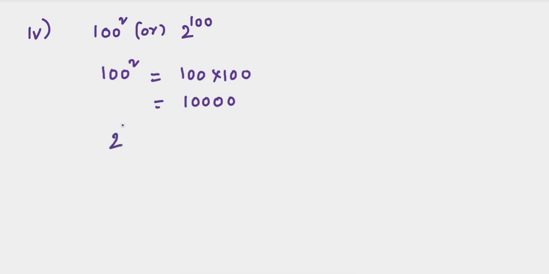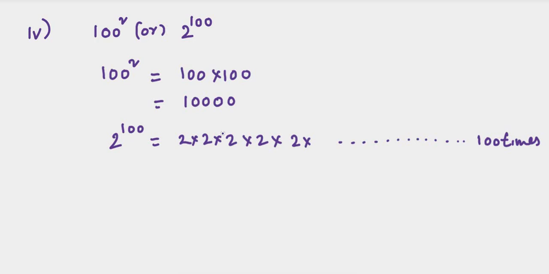But 2 to the power of 100 is equal to 2 multiplied by 2 multiplied by 2, and so on; you have to write it 100 times. So this question you have to do in a little logical way.